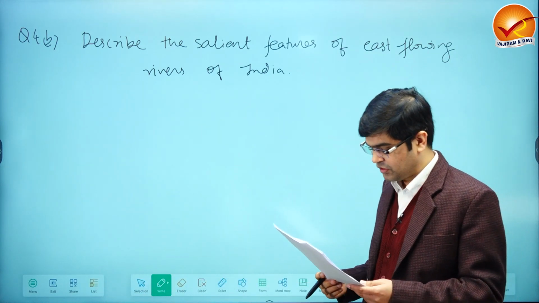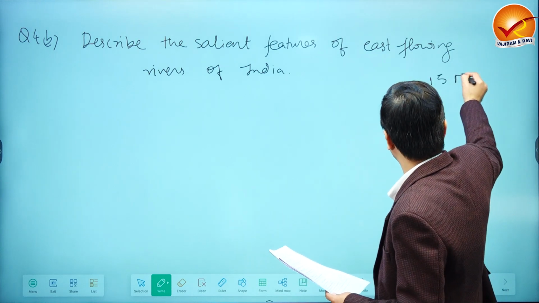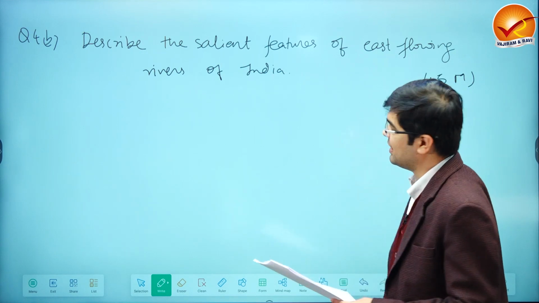Describe the salient features of east-flowing rivers of India, 15 marks. Again, a direct and straight question.